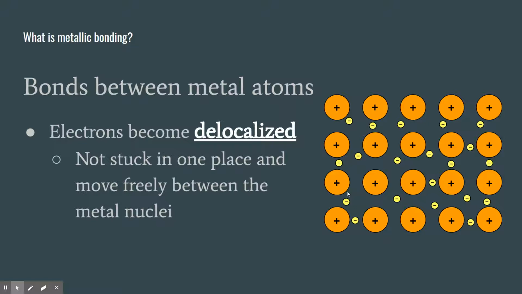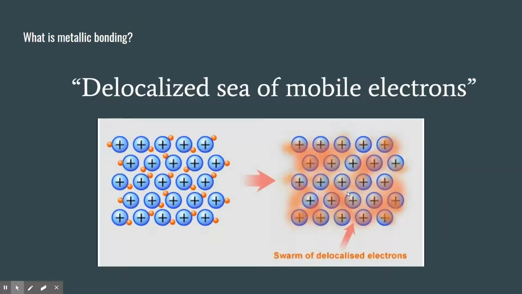As a matter of fact, the fact that they're moving is going to be important for describing all of these properties. Collectively, the term that we use is that in metallic bonding, we have a delocalized sea of mobile electrons. Again, delocalized means that the electrons are all over the place, and mobile means that they're moving.